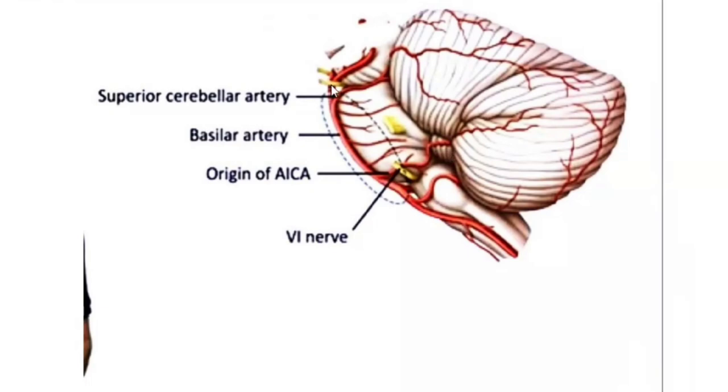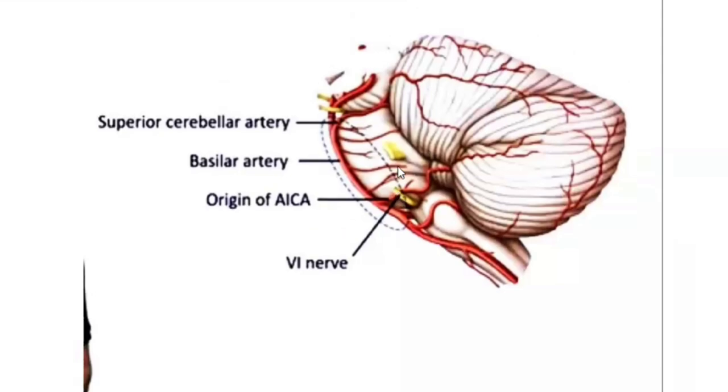At the superior part, the basilar artery gives the superior cerebellar artery, and at the inferior part, the basilar artery gives origin to AICA. So you know three blood vessels: basilar artery, AICA, and superior cerebellar artery. And the sixth nerve.